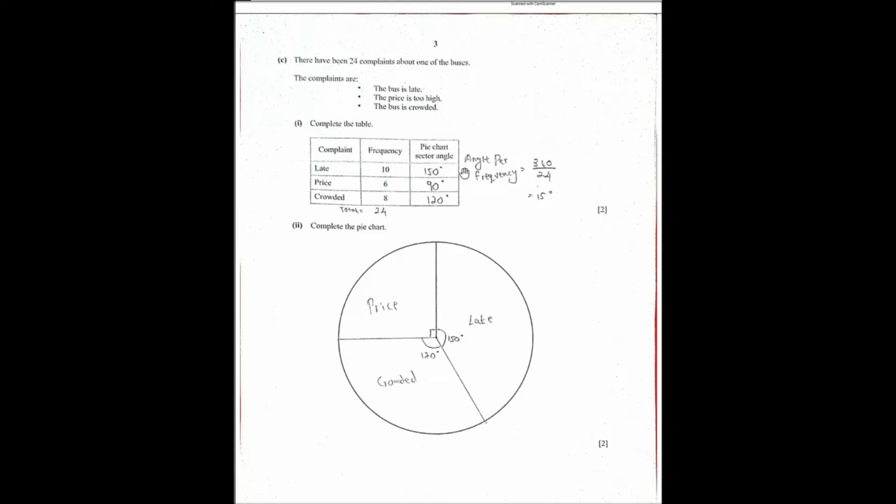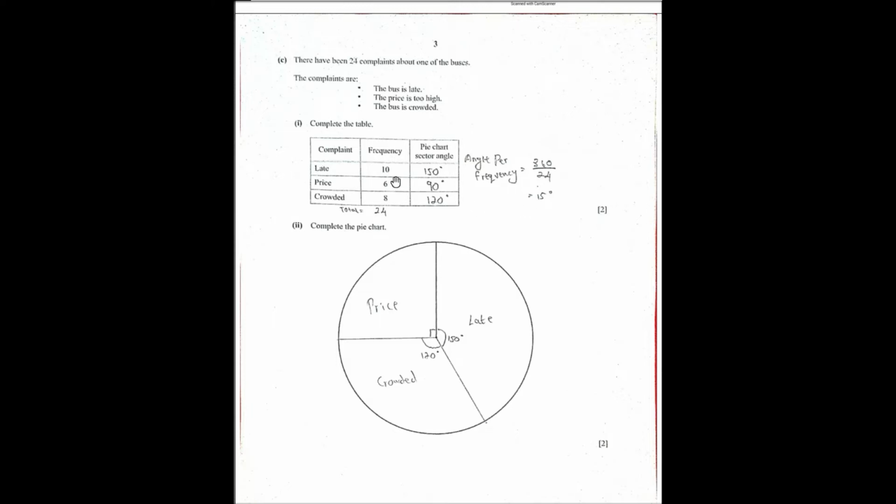To find the pie chart sector angle, first we need to find angle per frequency. So we know in a complete circle there is 360, so our total frequency is 24. So 360 divided by 24, that gives you for each frequency 15.